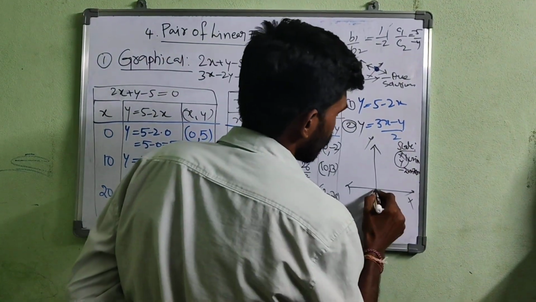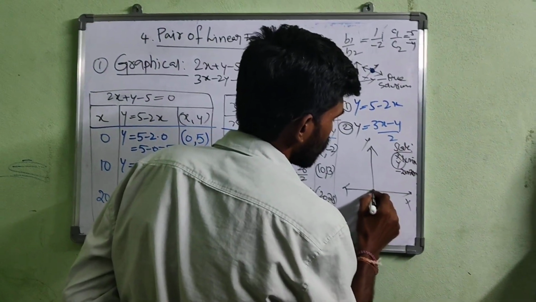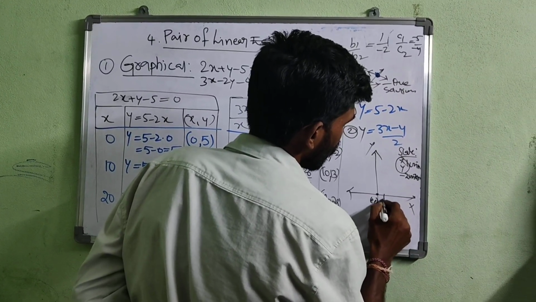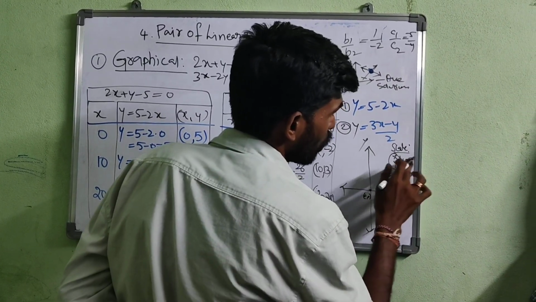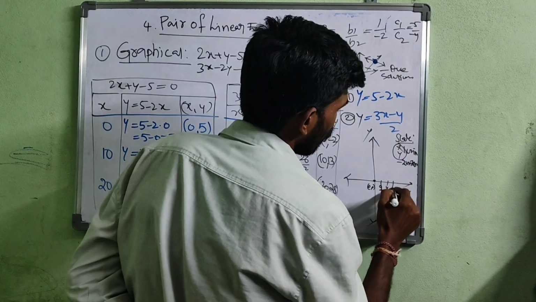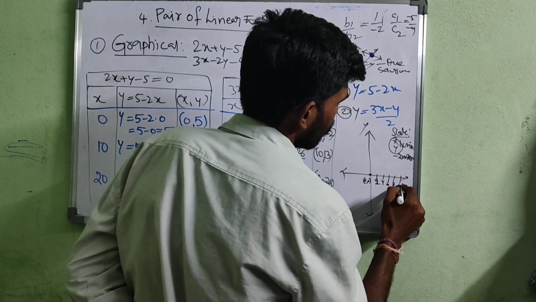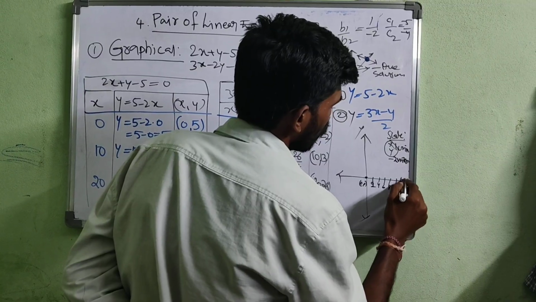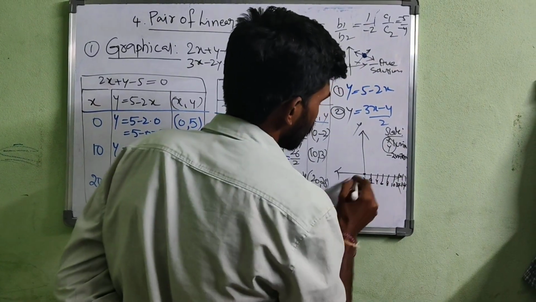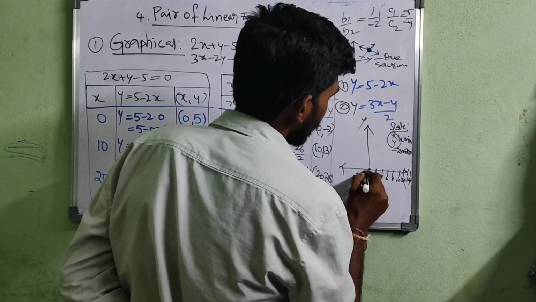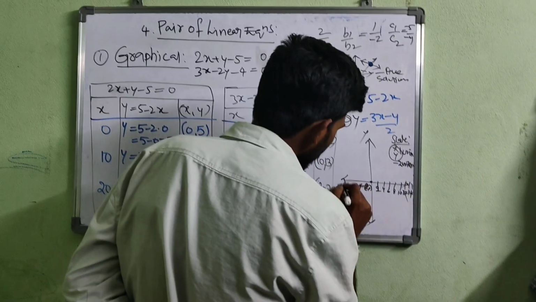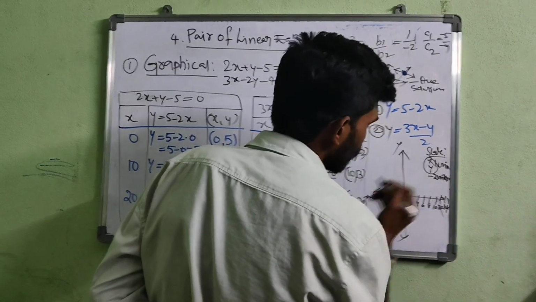For example, here x and y both are 0 comma 0. Starting with 2, because 1 unit is considered as 2: 2, 4, 6, 8, 10, 12, 14 and 16 like this. Here minus 2, minus 4, minus 6, minus 8, minus 10, minus 12 like this.